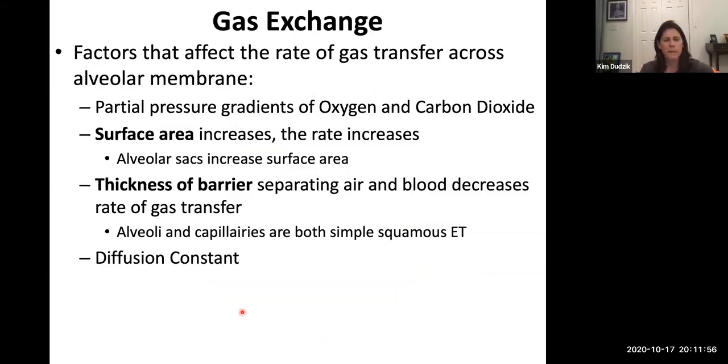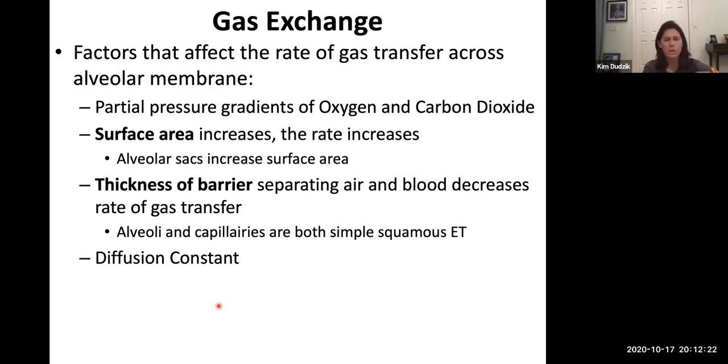And then the other factor is the diffusion constant, which we're not really going to get into in this class. Suffice it to say that each molecule has its own diffusion constant. In a nutshell, it's related to the properties of the molecule that affect its diffusion rate, coupled with the pressure gradient as well.